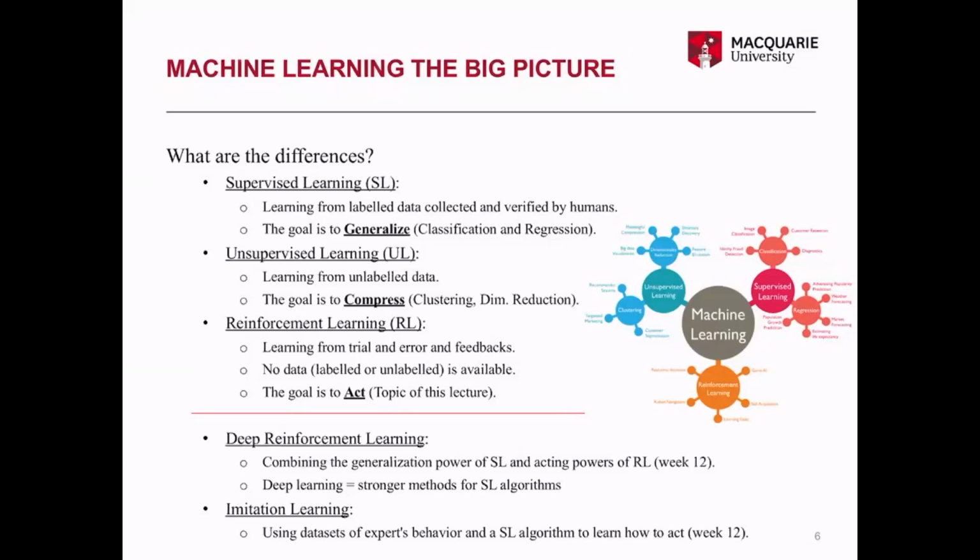But in deep learning, we also have variational autoencoders that are considered unsupervised learning methods, and they're usually used to reduce the dimensionality of data and make it easier for the classifier or the supervised learning part to categorize it. And then reinforcement learning, the goal of reinforcement learning is to act. We're here to create agents that are capable of doing things in the world or in certain environments.